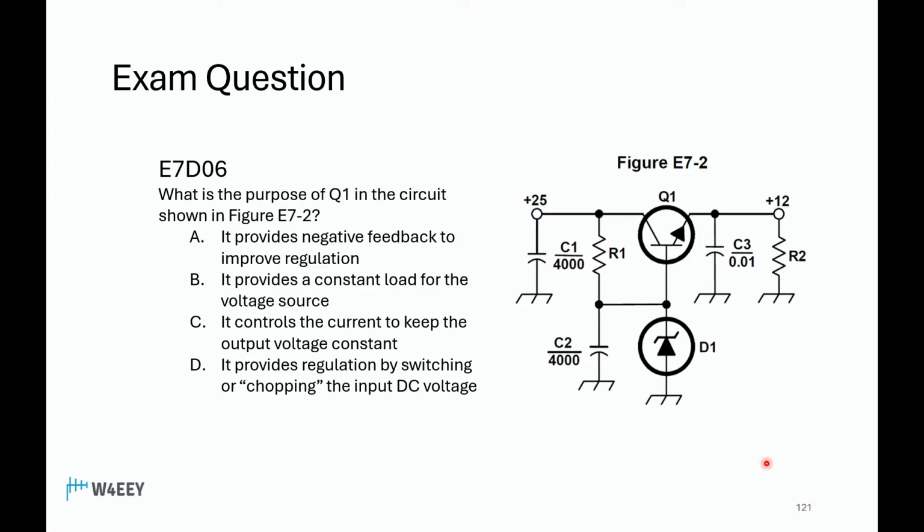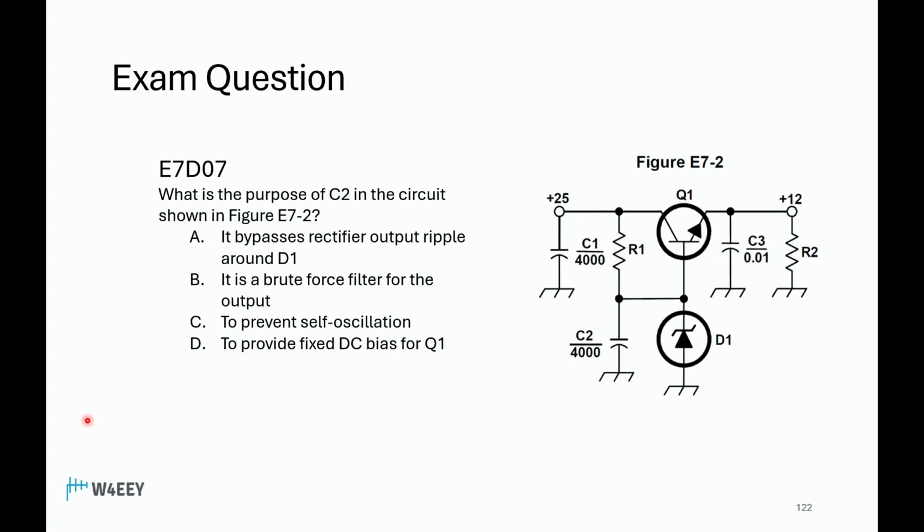What is the purpose of Q1? Charlie. It is Charlie. Controls the current to keep the output voltage constant. What is the purpose of C2? Alpha. It is alpha. Bypasses the rectifier output ripple around D1.